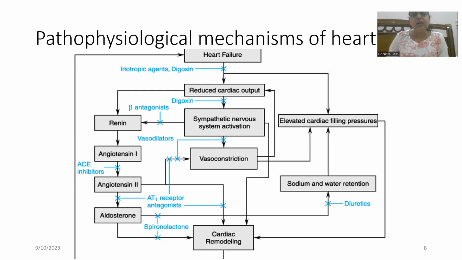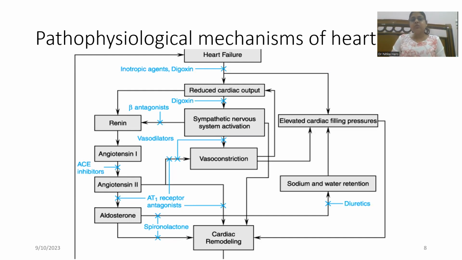And renin will lead to formation of angiotensin 1 from angiotensinogen. And angiotensin 1 gets converted to angiotensin 2 by ACE enzyme. And this angiotensin 2 will lead to increased release of aldosterone. And then that can result in cardiac remodeling and sodium and water retention.